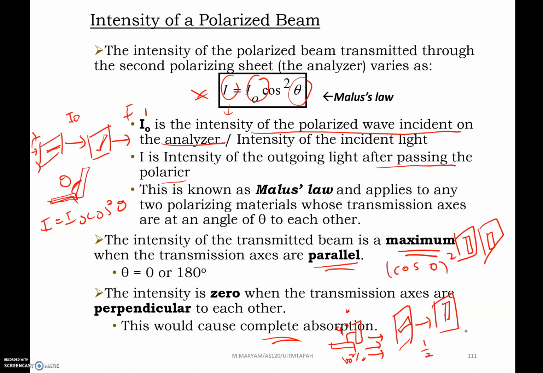So let's say this is the initial intensity, this will be I1, and then the last intensity will be I2. So I2 is equal to I1 cos squared theta, which will give you 0 here. And the final intensity will be 0, meaning the light is completely absorbed, 100% polarized.